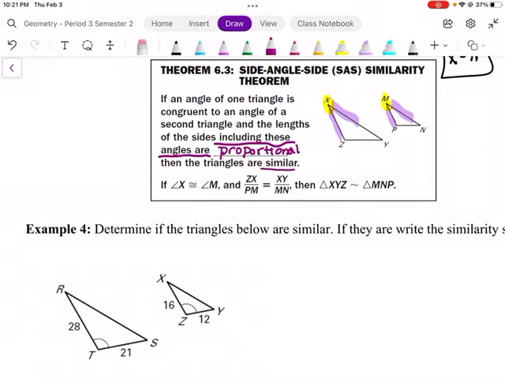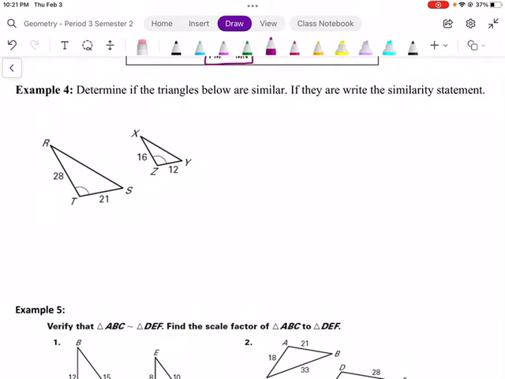So this is kind of like side, side, side, except we only have to show that two sides are proportional instead of all three. So let's do that in an example. We are going to determine if these two triangles are similar. So first, we want to check we have the similar angle.